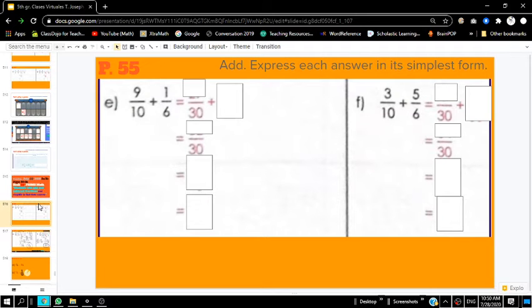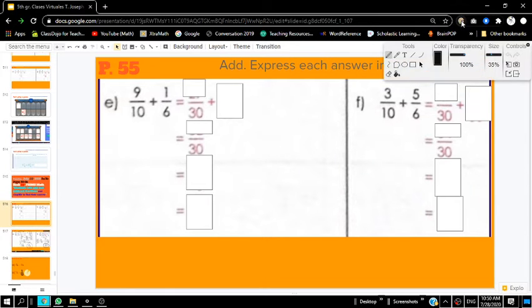The first problem, letter E, says that we're supposed to add 9/10 and 1/6. Now, we already know that both of those fractions don't have the same denominator. So, what do we need to do? Well, we need to multiply both of them to try to find the same equal denominator. I know that 30 is going to be my denominator because 6 and 10 both have 30 as their common multiple.